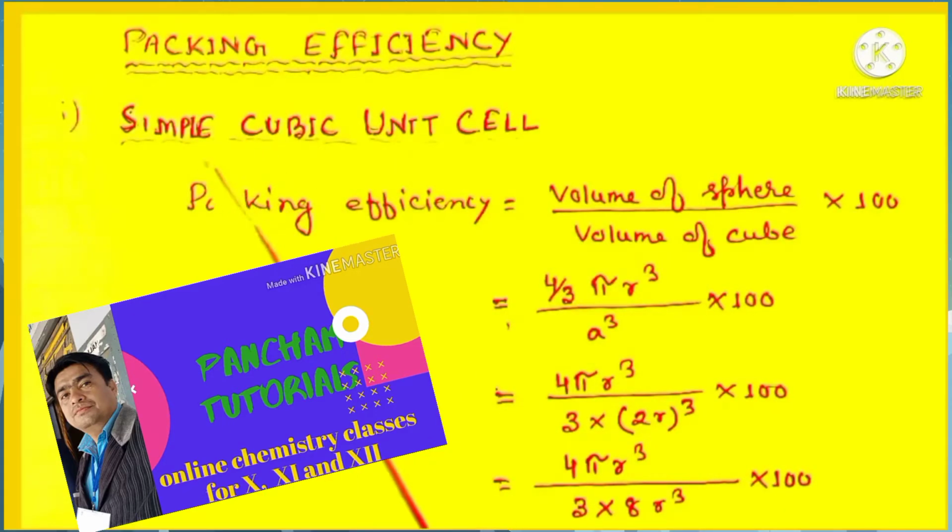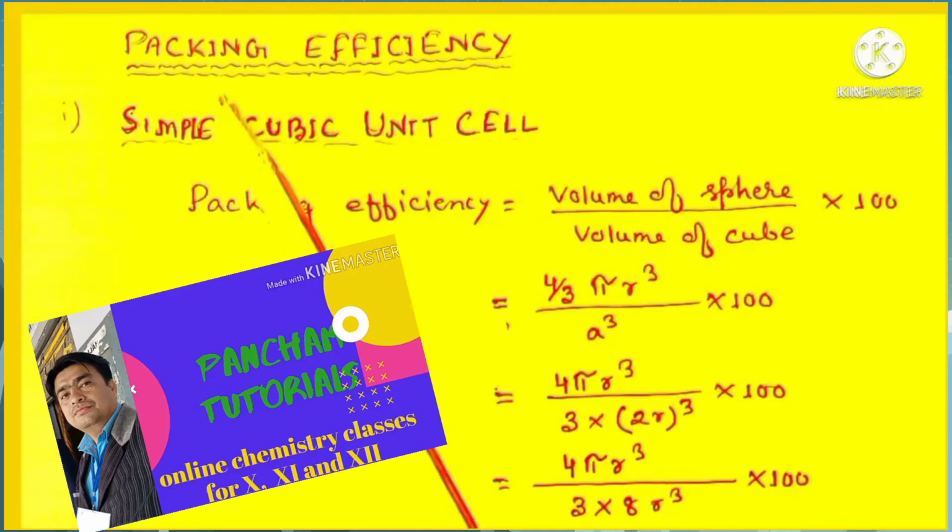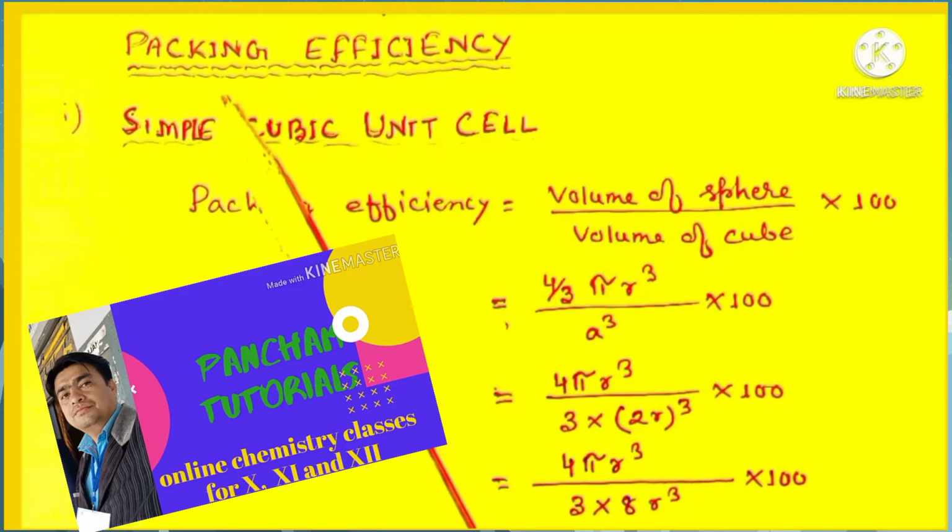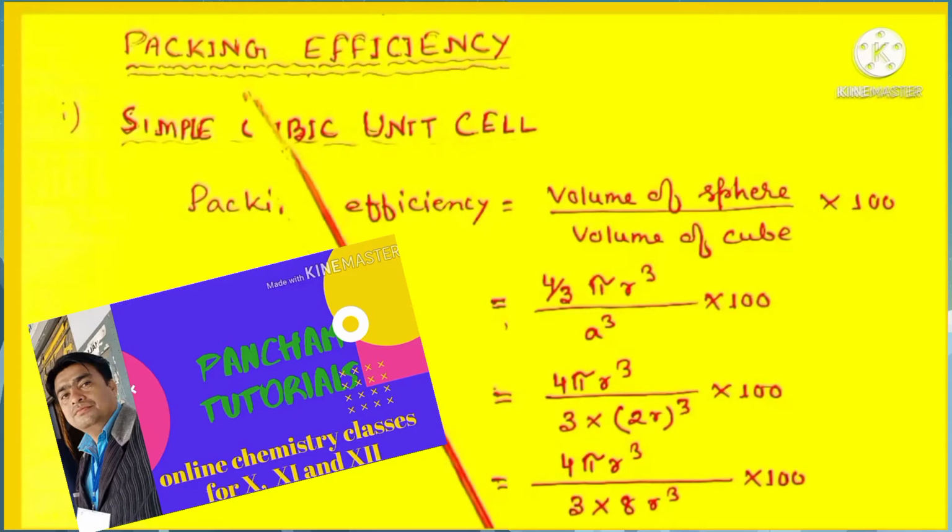To make it more clear, let me consider two cases. Say suppose in one crystal, 70% of the space is occupied by the particles, and in another crystal, say suppose 80% of the space is occupied by particles.